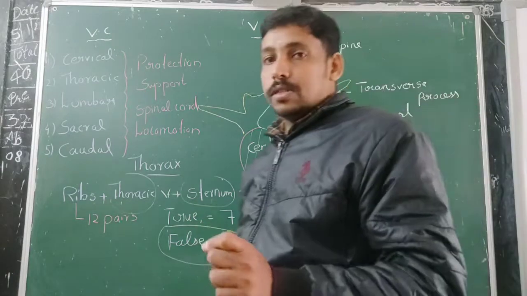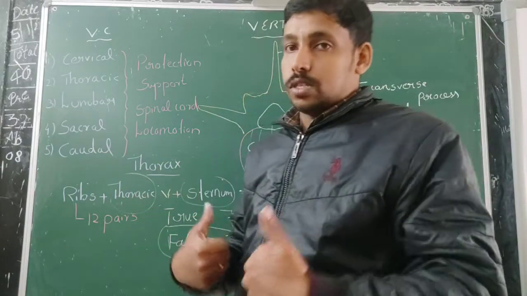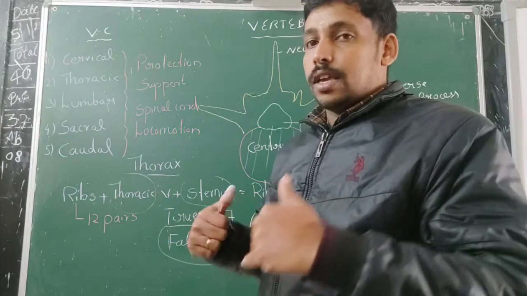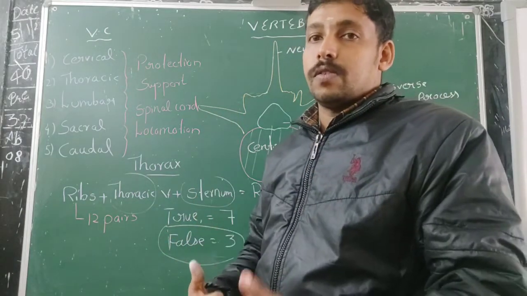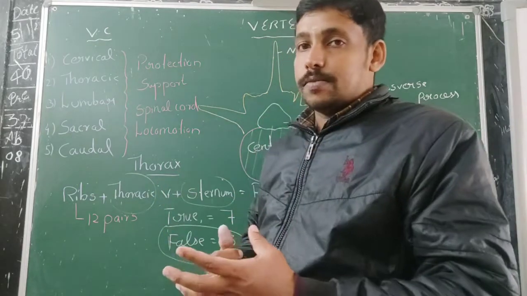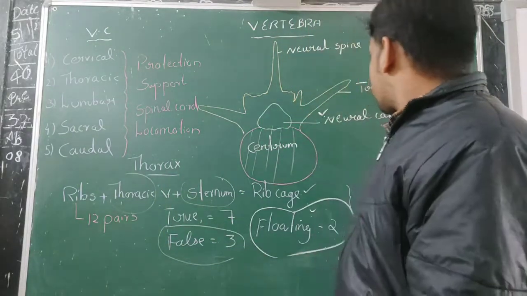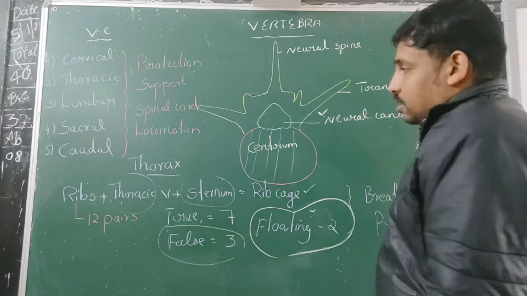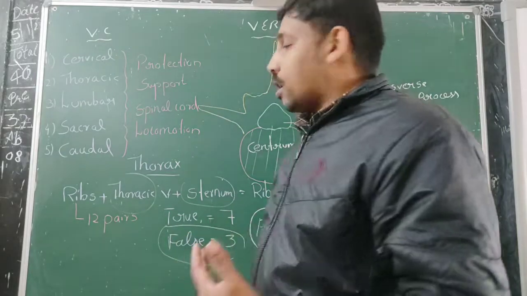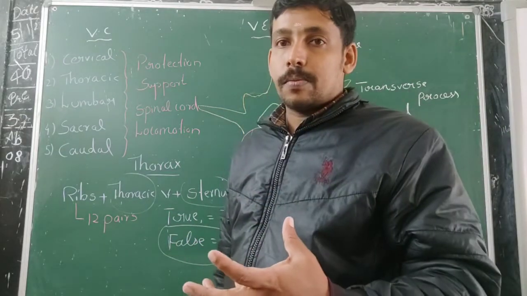The true ribs are directly joined with the sternum. So that is a kind of cage. Inside that cage, all the very important internal organs are highly protected. So for breathing and protection, we need the sternum and the ribs.